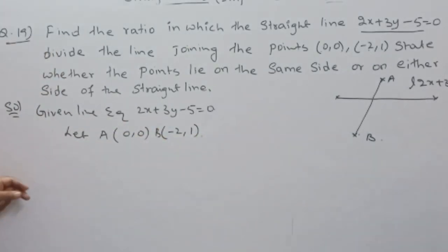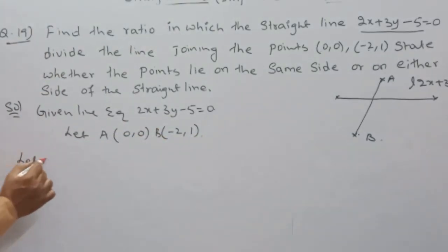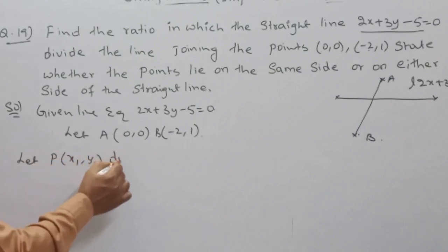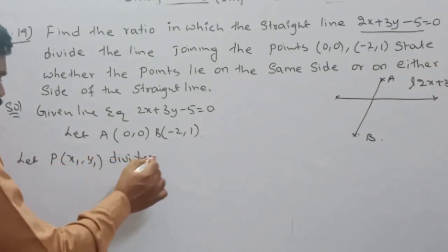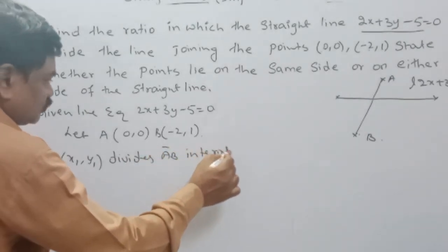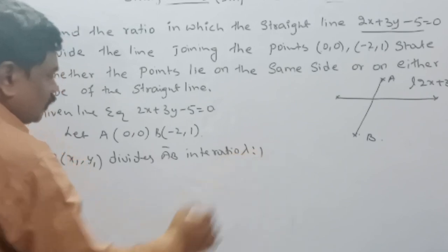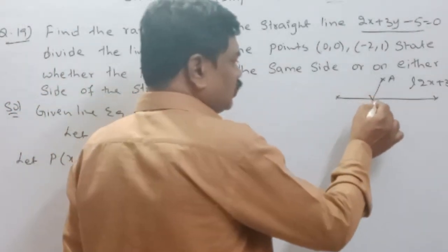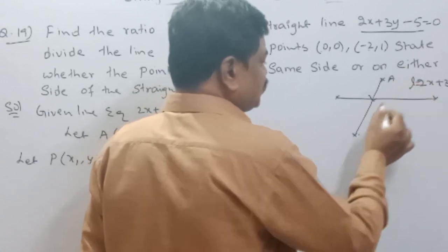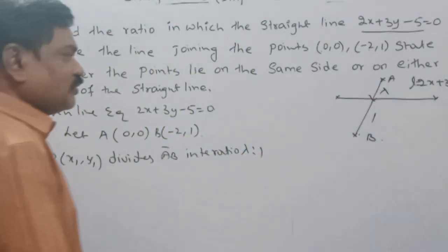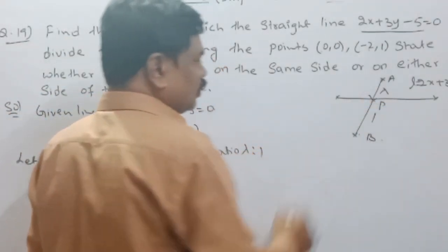Let P(x1, y1) divide AB in the ratio lambda is to 1. So this is the point on line L, it divides AB in the ratio lambda is to 1. This is the point P.